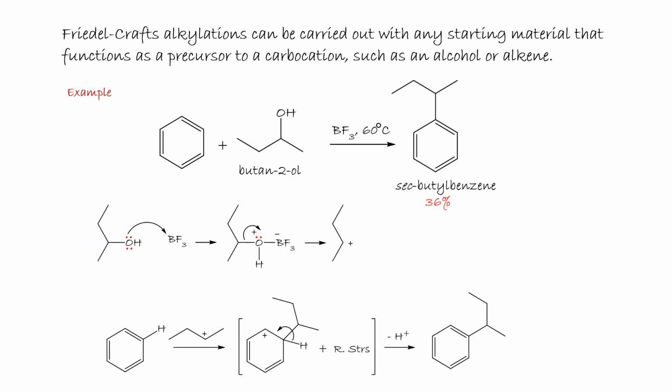Friedel-Crafts alkylation can be carried out with any starting material that functions as a precursor to a carbocation, such as alcohols and alkenes. We know that an alcohol with a Lewis acid like boron trifluoride forms a complex, and this complex is not stable and will dissociate and give a carbocation.